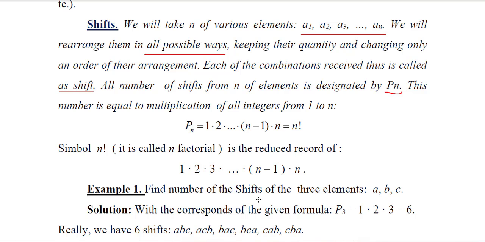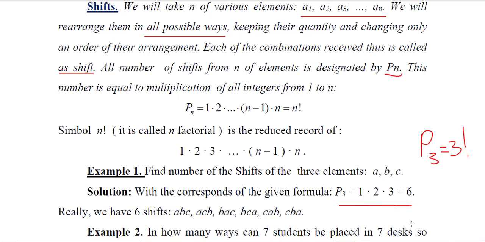First example. Find number of shifts of the three elements a, b, c. So here the number of shifts, we said it is Pn and this is n factorial. So here how many elements we have? 3 elements we have. So it means this is 3 factorial. Yes. So P3, it's just 3 factorial, or it is 1, 2, 3. It equals to 6.